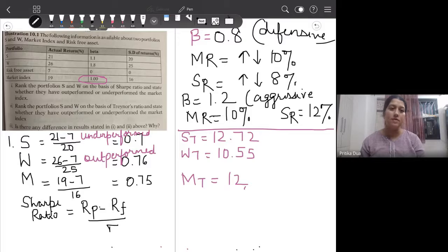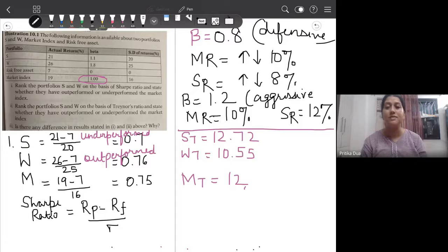The reason is in the formula itself, that under the Sharpe ratio, we are considering the total risk, while under the Treynor ratio, we consider only the systematic risk of the investment. So that is why we are getting completely different results for the Sharpe and the Treynor ratio.